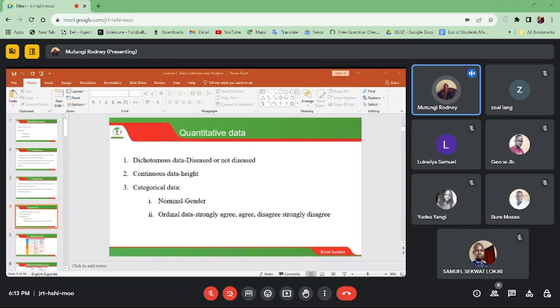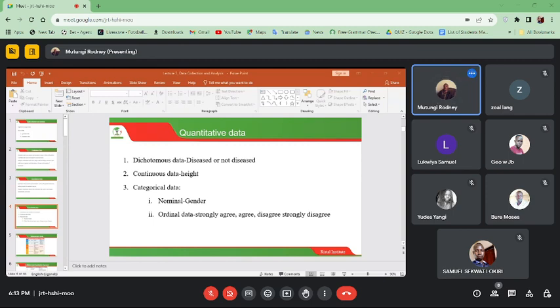If you are asking to assess a practice, you will be asking questions, which you will see later when we design a questionnaire, like strongly agree, agree, disagree, and then strongly disagree. And these answers are always attached to numbers, so that we can make them quantitative in nature.